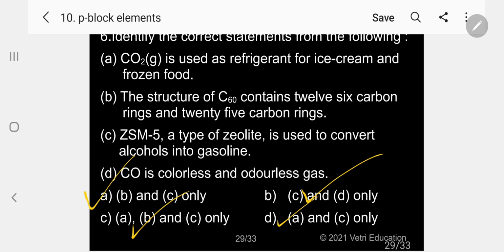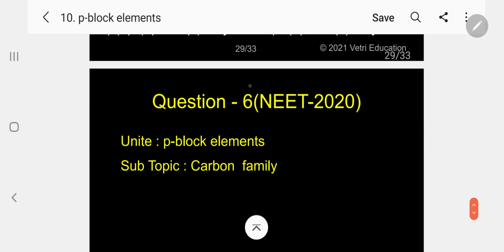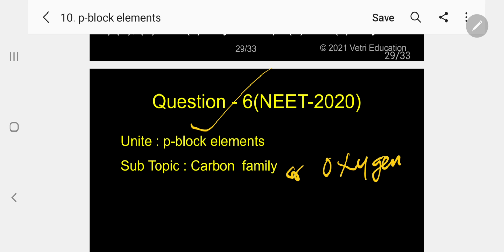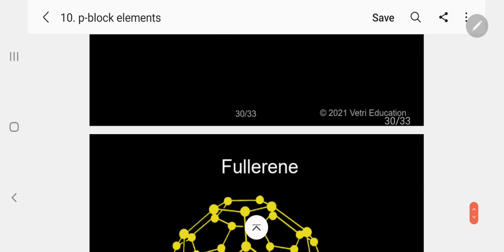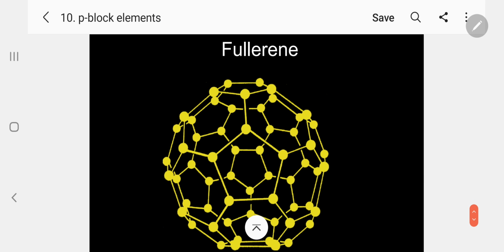Let me introduce what topic this is asked under. This is again under the unit p block elements, specifically the carbon family. Carbon exists in three allotropic forms: graphite, diamond and fullerene.